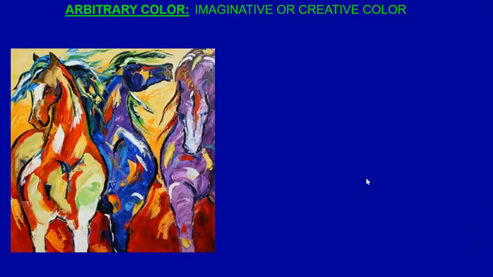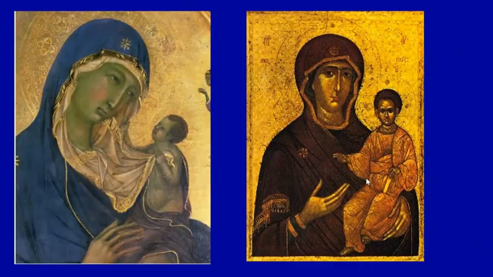Arbitrary color is imaginative or creative color. And we can see that in here, the picture on the left, I don't think the artist was trying to make her skin look green. It just kind of happens that way, that the first layers of the process of tempera painting, they put down a green base, but over time the layers on top of that fade away, and then you are left with the underpainting.